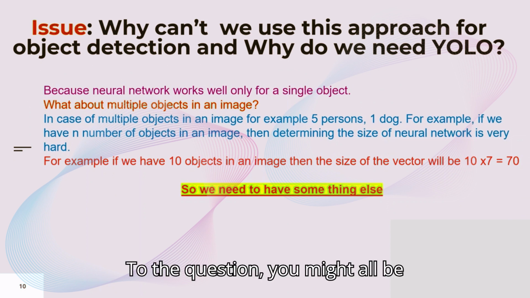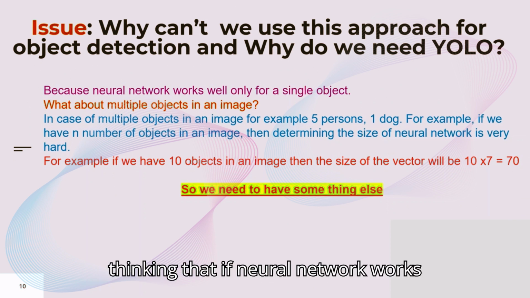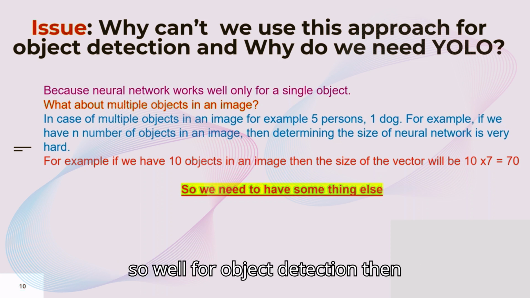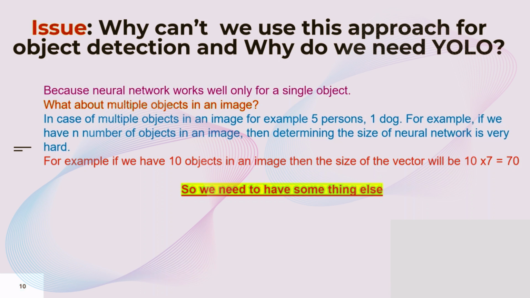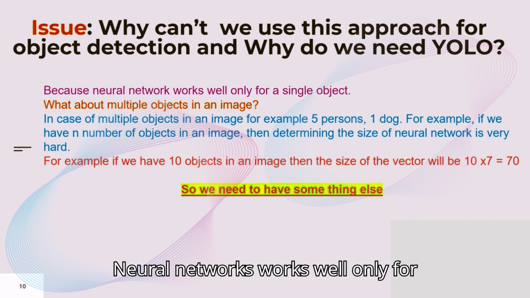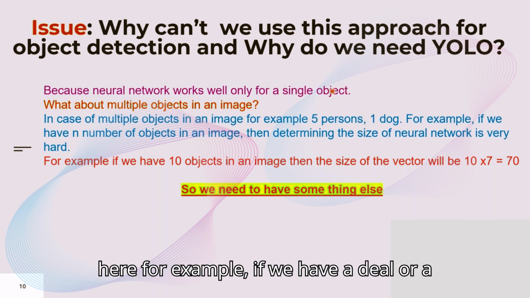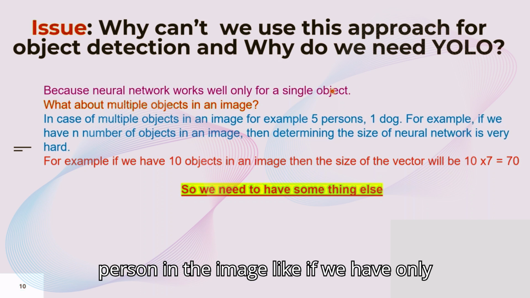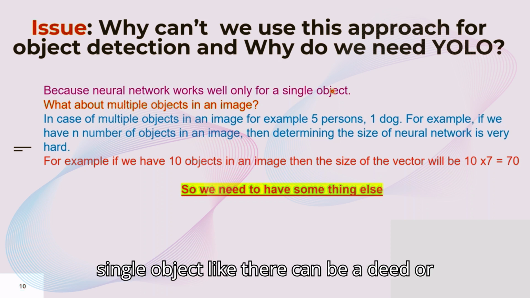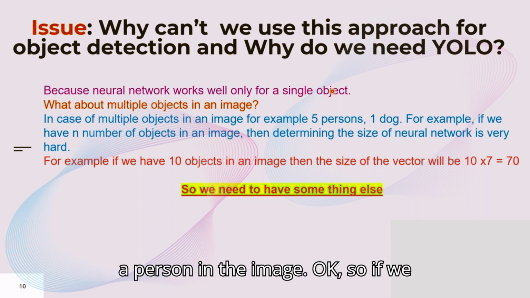So the question you might be thinking is, if a neural network works so well for object detection, then why do we need YOLO? Because neural networks work well only for a single object, like you can see here. For example, there can be a deer or a person in the image.